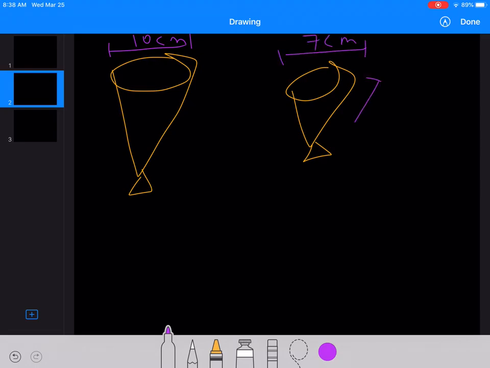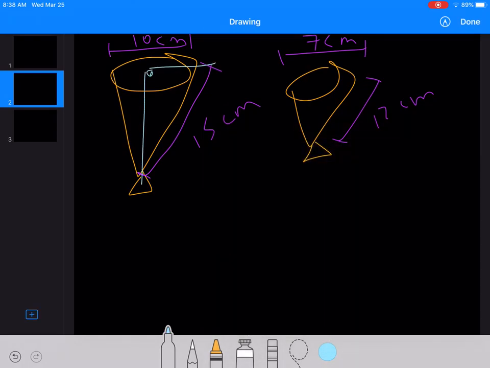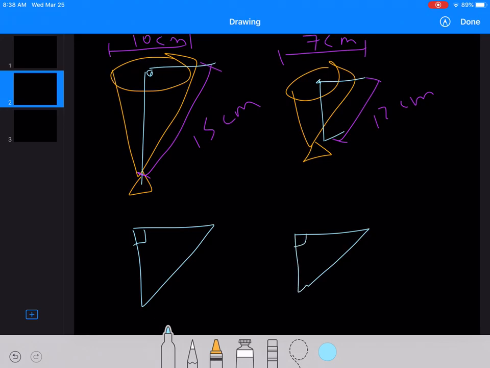And we had the diagonal distance, which was 15 centimeters, and the other diagonal distance was 12 centimeters. So what we're going to do here is form a right triangle from the center of the cup down to the bottom. So we're going to have a triangle like this and a smaller triangle like that.